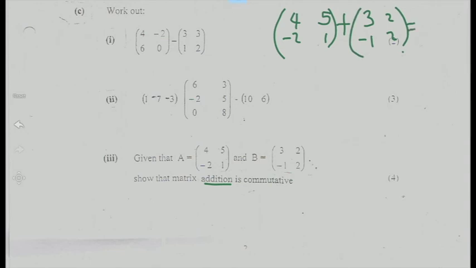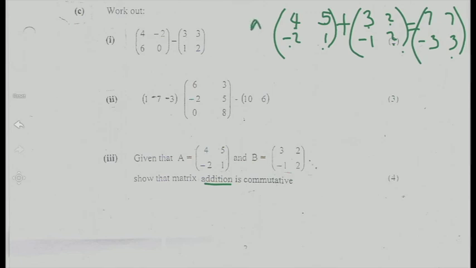So we have 4, 5, negative 2, 1, plus 3, 2, negative 1, 2. This will give us 4 plus 3, we have a 7, 5 plus 2, again a 7, negative 2 plus negative 1, we have negative 3, 1 plus 2, we have a 3 here.